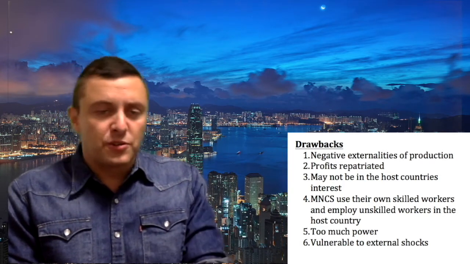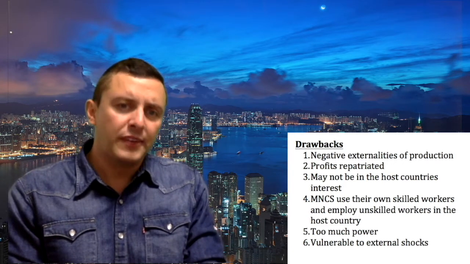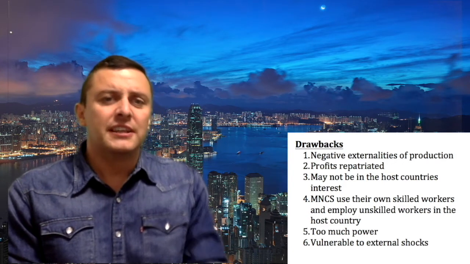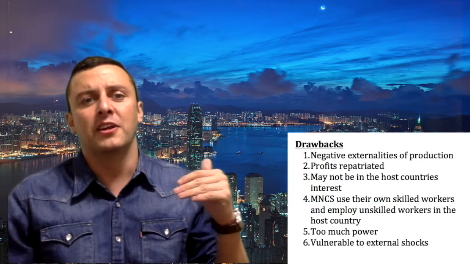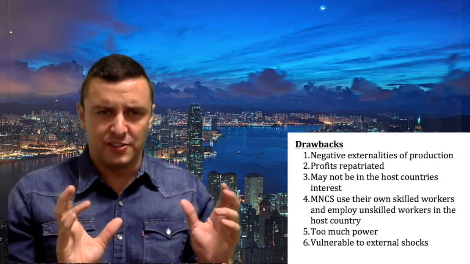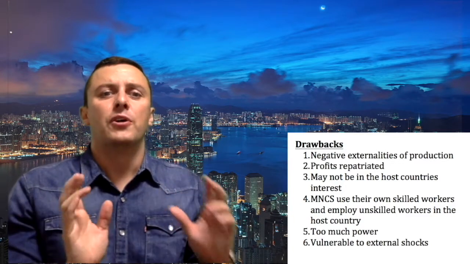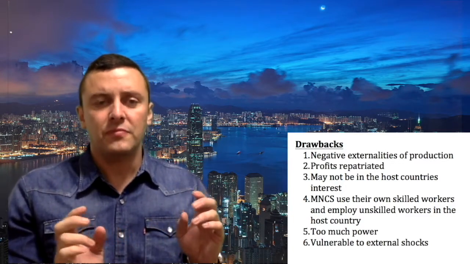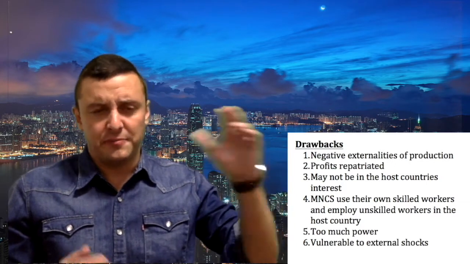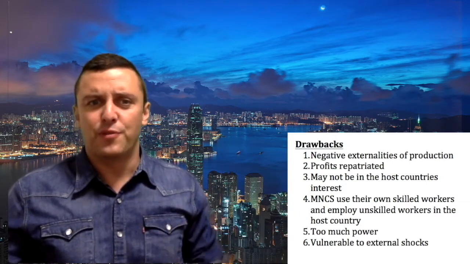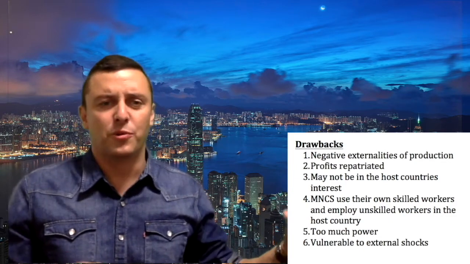Also, the multinational corporations can be argued to have way too much power nowadays. They can easily move their production facilities from one country to another. That means that they can play off governments against each other, creating a kind of race to the bottom. So that means that countries will offer multinational corporations a tax break, and another country will offer them a larger tax break, and then another country will offer them a larger tax break.